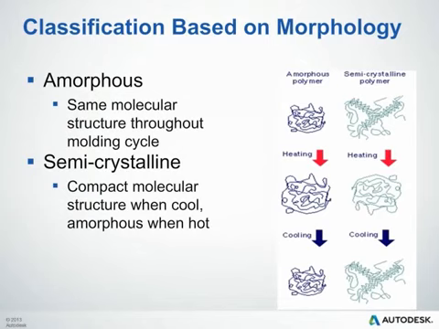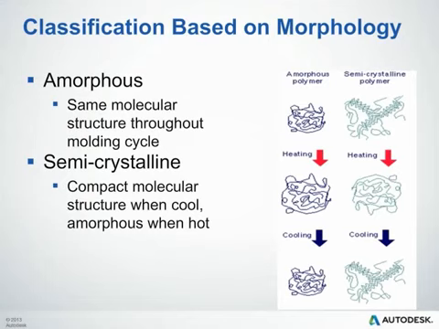Polymers can also be classified based on their morphology. The main ones we typically discuss in industry are amorphous and semicrystalline. An amorphous arrangement of molecules has no long-range order or form in which the polymer chains arrange themselves. Basically, a plate of spaghetti would be a good example here.